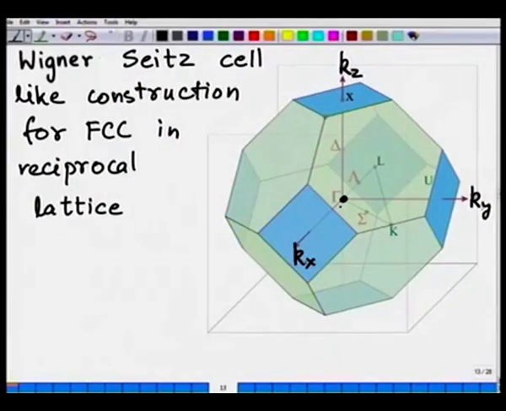That is a Wigner-Seitz cell like construction, and this in reciprocal space is again called the Brillouin zone. So, this is the Brillouin zone of an FCC lattice.